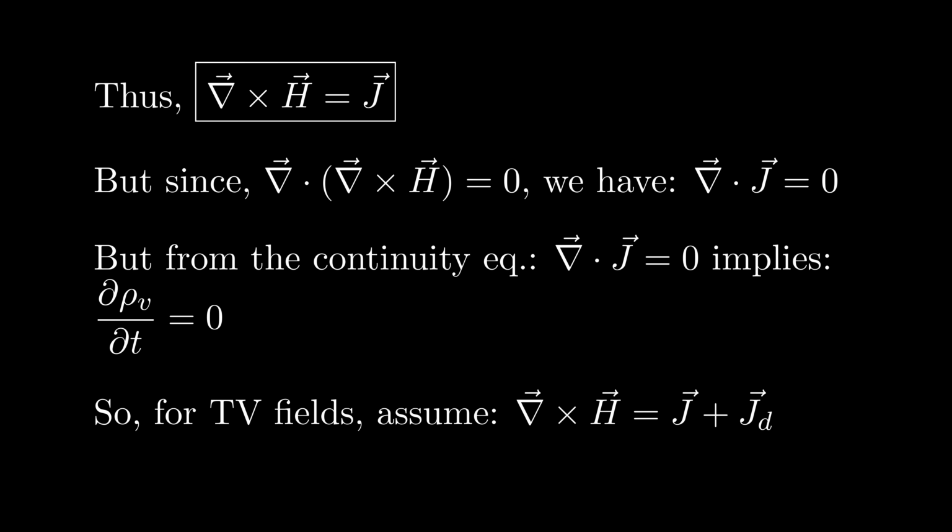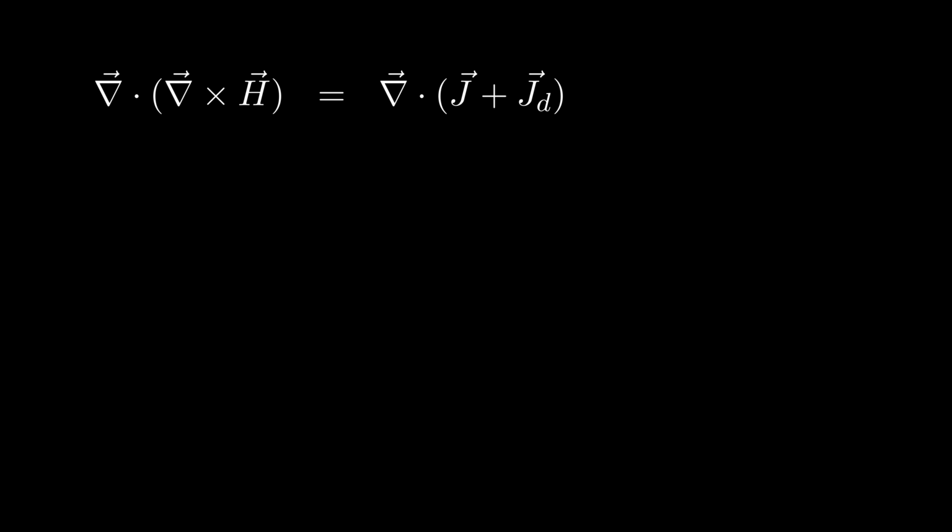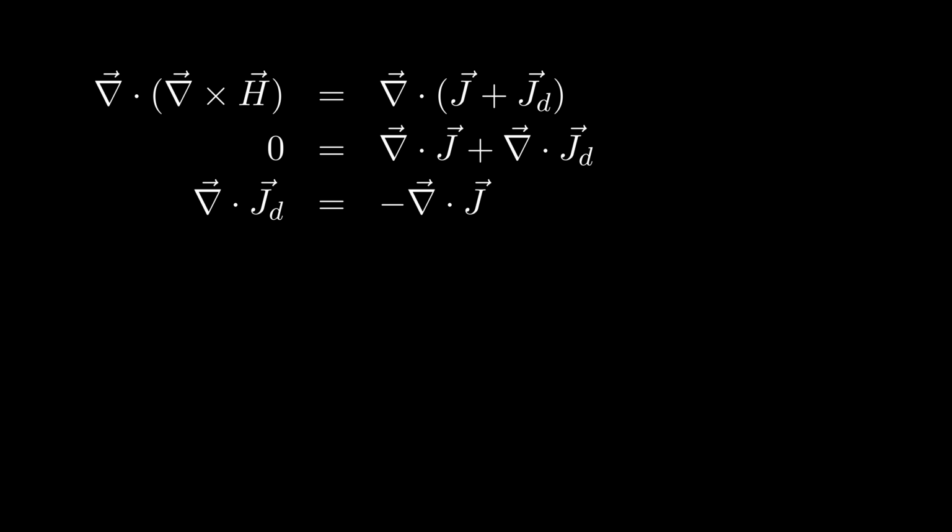Now again, if we calculate the divergence on both sides, the left hand side becomes 0, and on the right hand side we have the divergence of J plus J_D. This gives that the divergence of J will be equal to negative divergence of J_D.